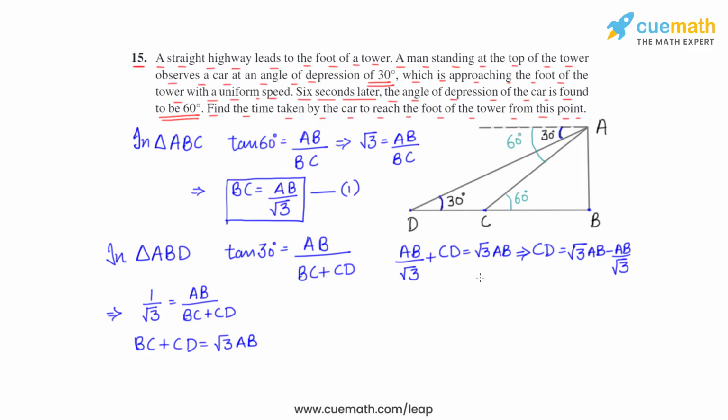We can take AB as common, so CD is equal to AB into (square root 3 minus 1 by square root 3). When we simplify this, we get AB into, square root 3 is the LCM, so 3 minus 1, that is 2 by square root 3. Or we can write it as 2 into AB by square root 3. So this is CD, take this as equation 2.